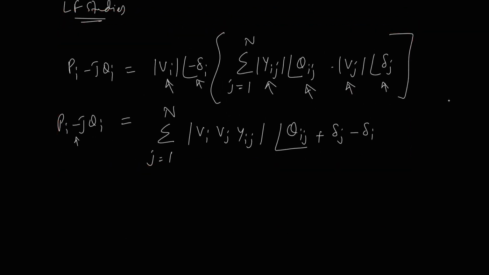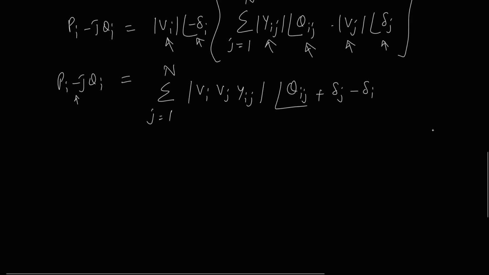Okay, so I have to write down delta P is equal to Pi specified minus the calculated quantity.